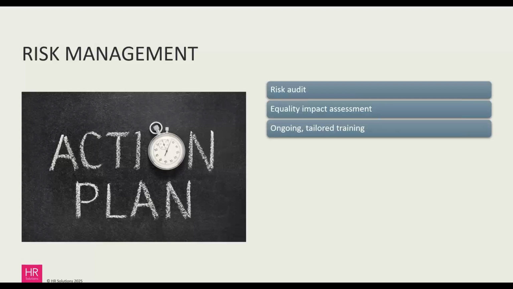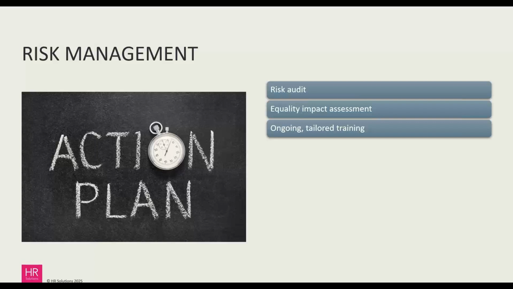Another major area of defence at tribunal is the piece around training, and it should never be a one-off training course. It must be ongoing, it must be reviewed and updated. Training must be given to managers and employees on employment law, anti-discrimination policies and best practices, because it ensures everyone understands their legal obligations and the company's expectations.